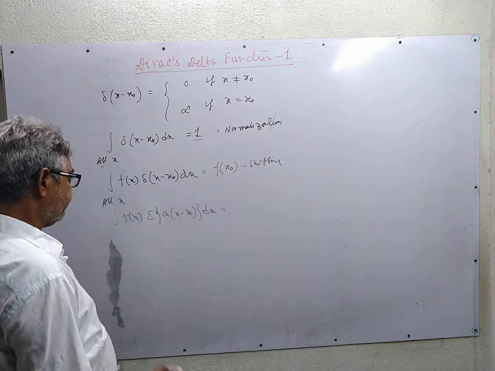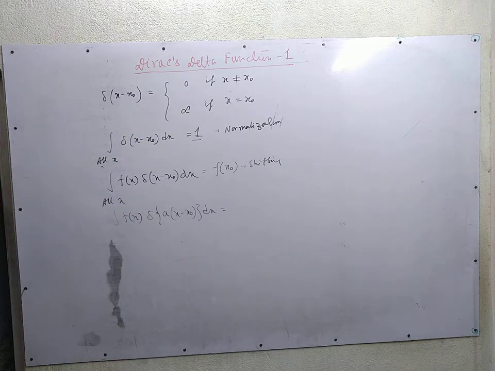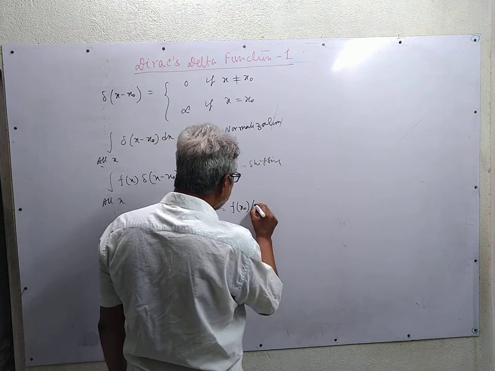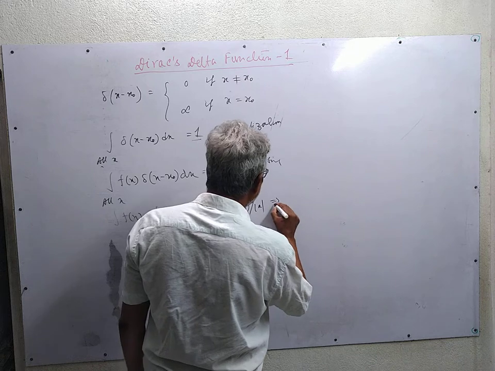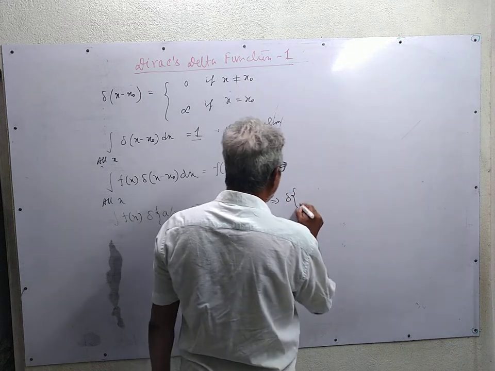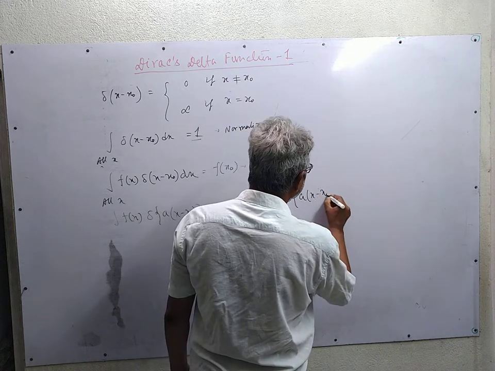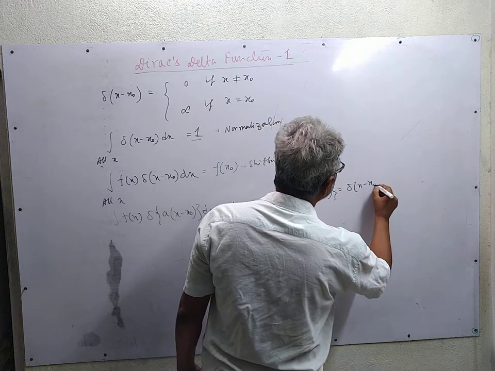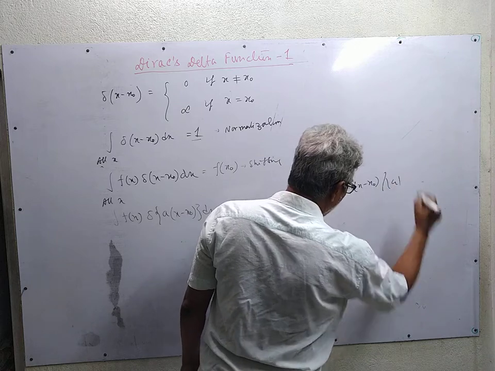This result is f(x0) divided by mod a, which immediately suggests that δ(ax − x0) is equal to δ(x − x0) divided by mod a.